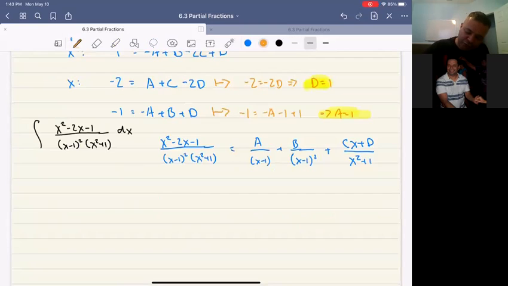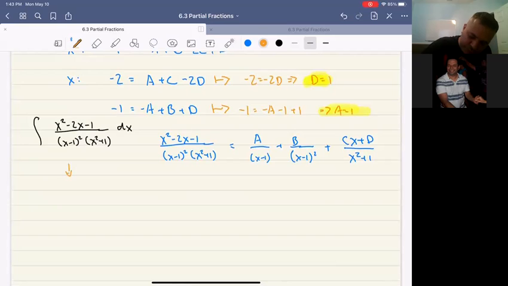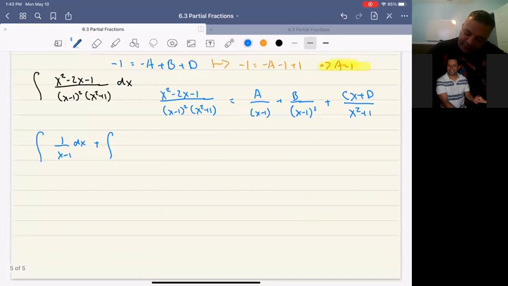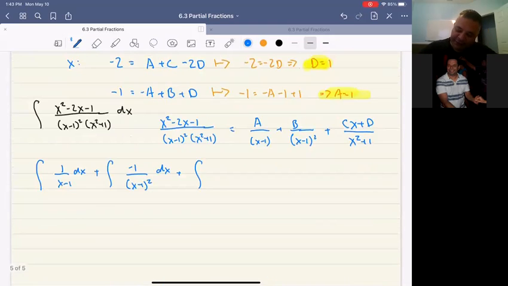Now we're going back to blue. a, which is 1 over x minus 1, plus b, which is -1 over x minus 1 squared, plus cx plus d, which is -x plus 1 over x squared plus 1 dx.